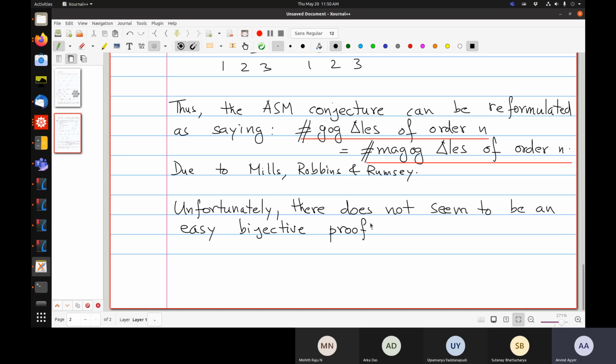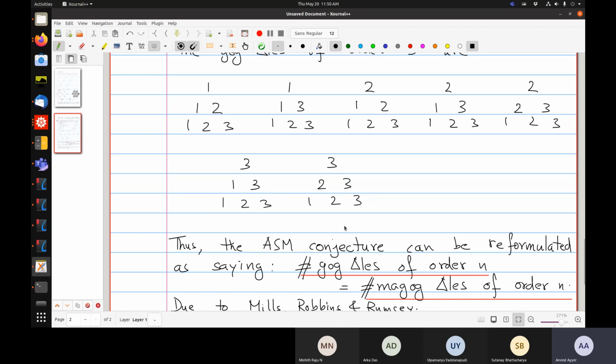Okay, but there are several partial bijections, in the sense that certain subsets of gog triangles are in bijection with certain subsets of magog triangles, but there is nothing that works for all of them. So it's a tantalizing open problem.